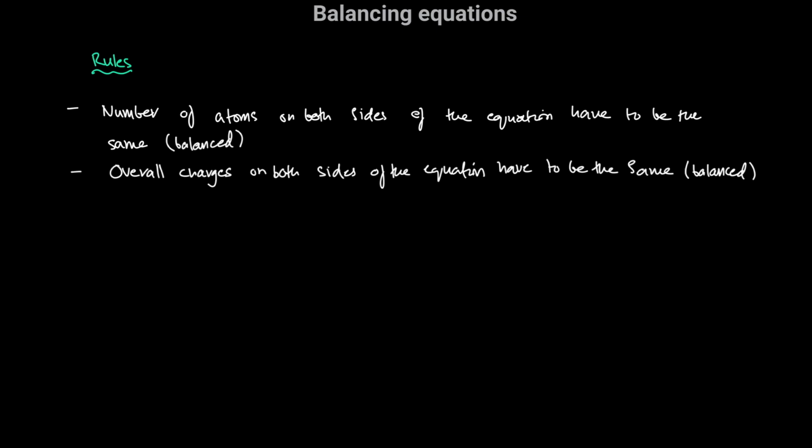Now the third rule is specifically for redox reactions. The rule is that the increase and decrease in oxidation number have to be balanced, right?